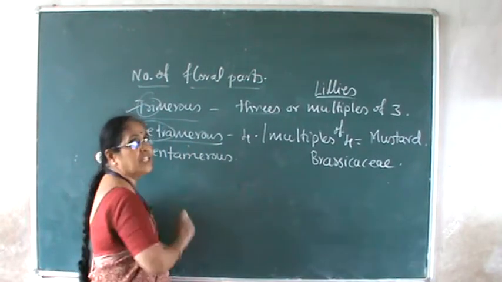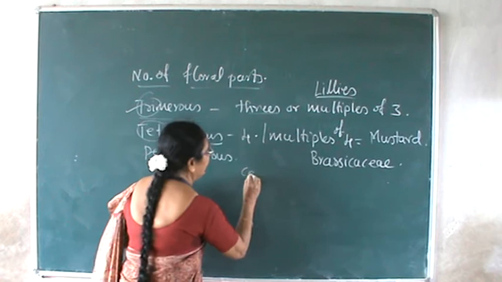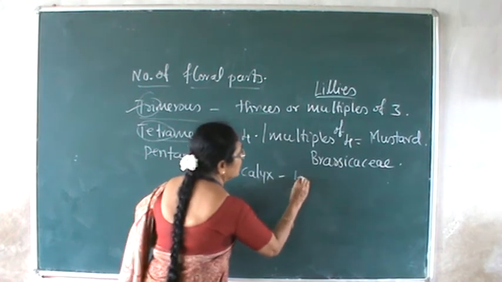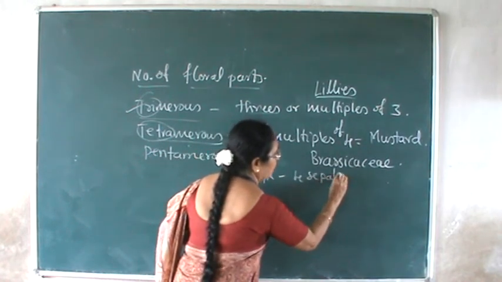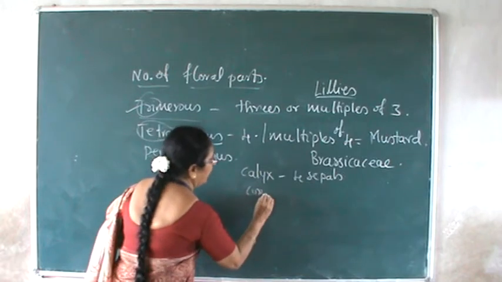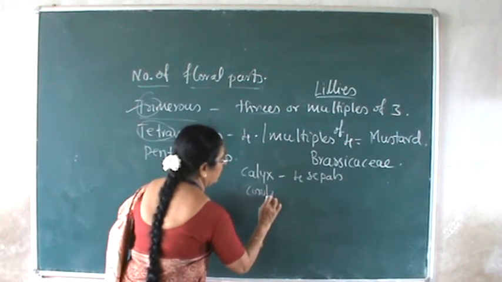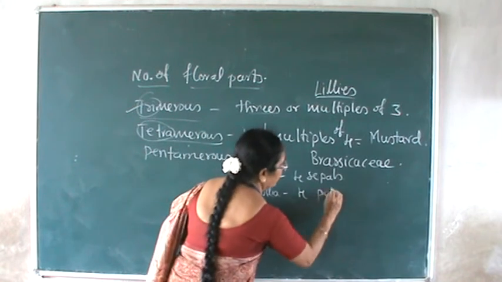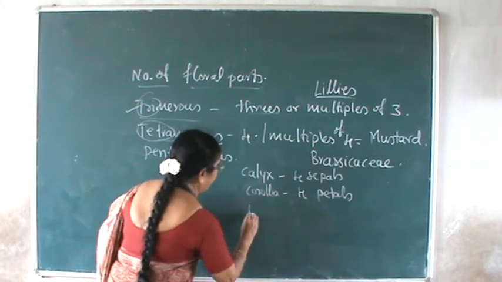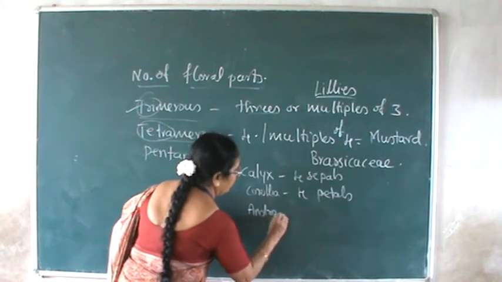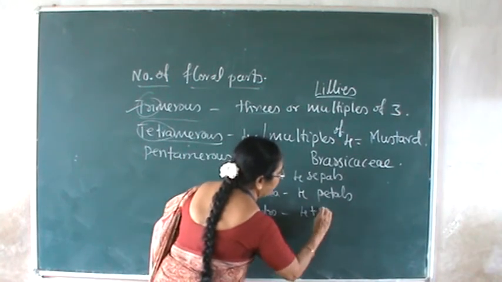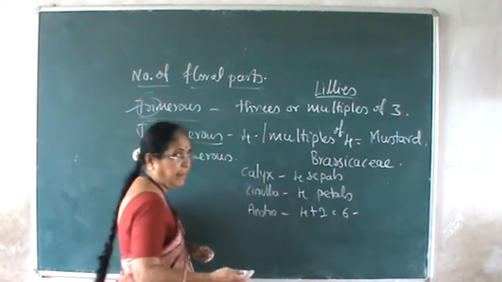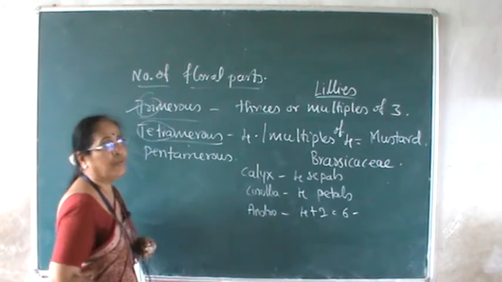And this is tetramerous because here calyx is made up of 4 sepals, corolla is made up of 4 petals, and androecium consisting of 4 plus 2 condition, equal to 6 there. Total number is 6, but there are only 2 different whorls.